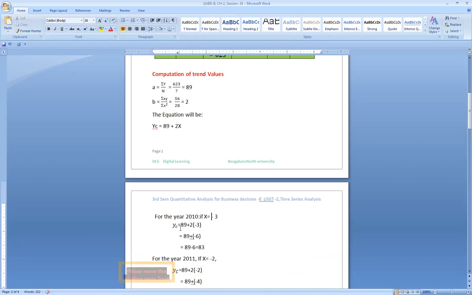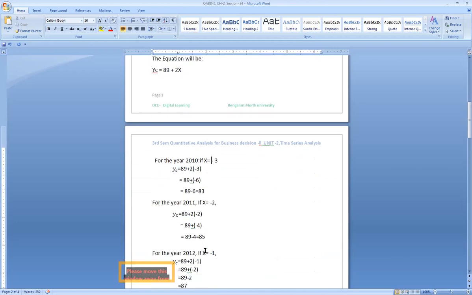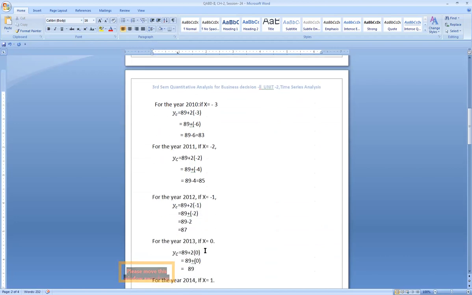What is the trend value? Yc equals a plus bx. A means 89, which we calculated by using the formula, and b means 2. That is 89 plus 2 into minus 3. 89 plus into minus is minus, 2 into 3 becomes 6. 89 minus 6 is 83. So for the year 2010, the trend value is 83.